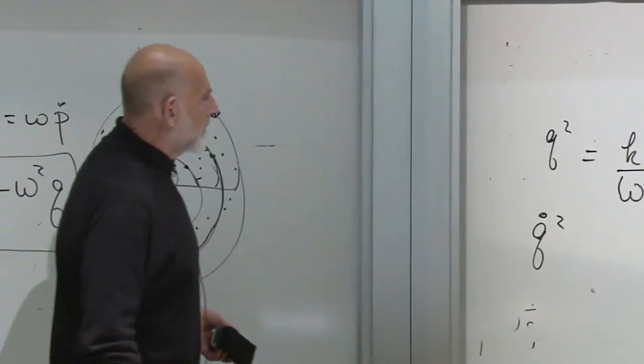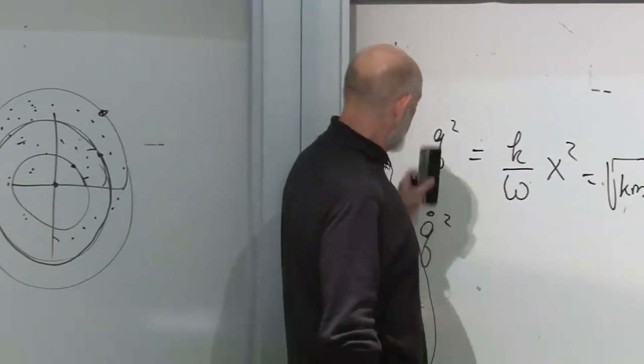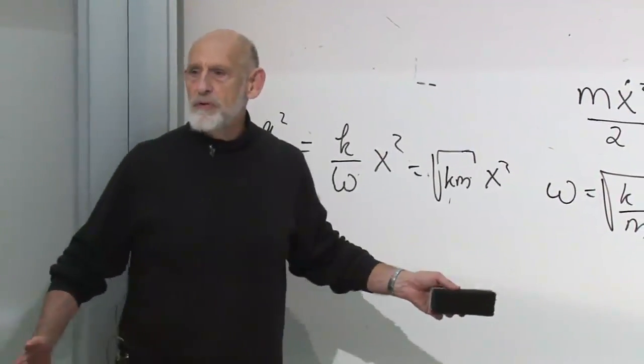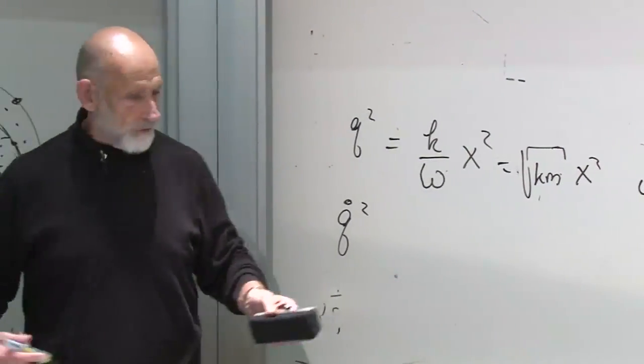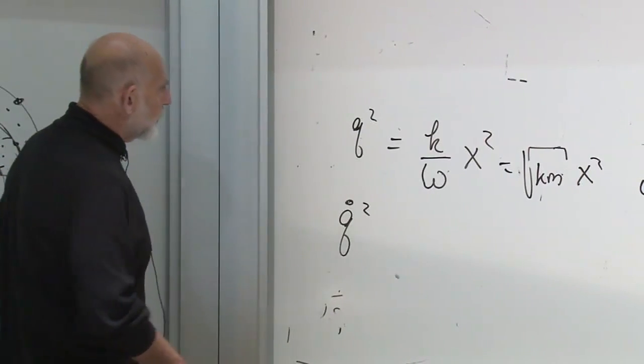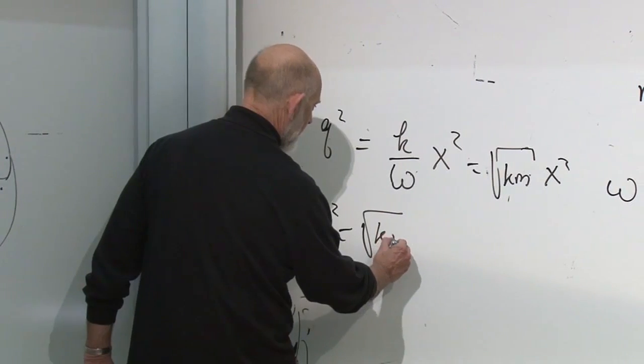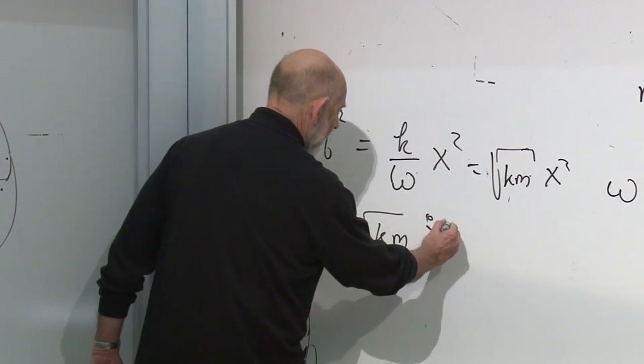Well, when you take a time derivative of q, the k and the m are just fixed constants. They don't change. So it's pretty clear that q dot squared is going to be the same factor, square root of km, times x dot squared.